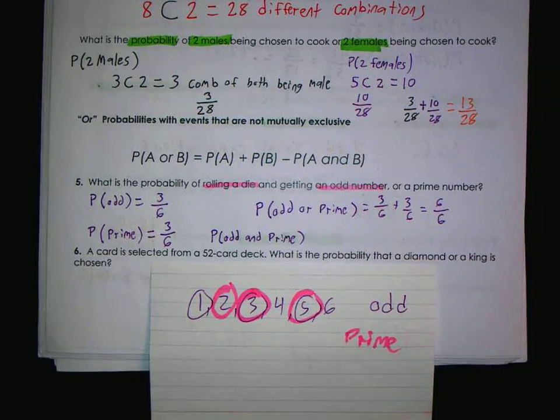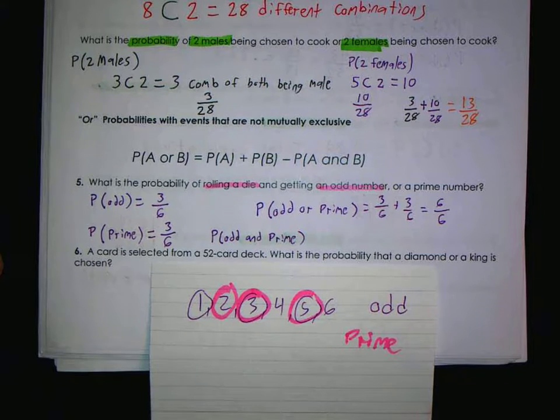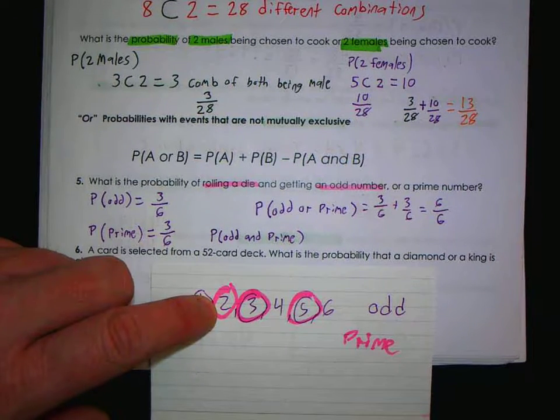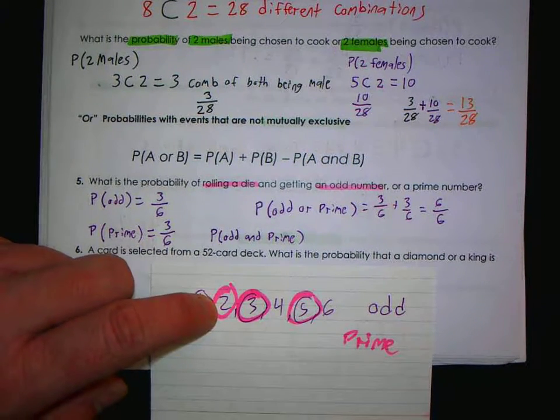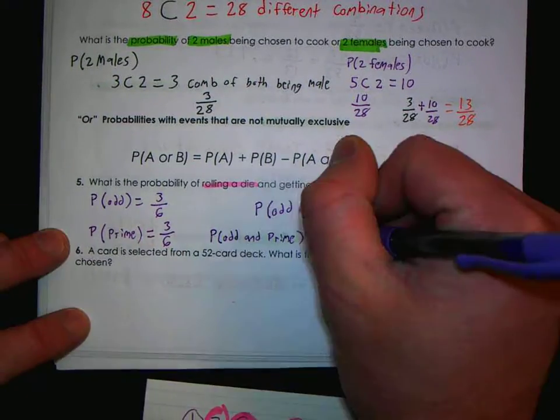So this is not a mutually exclusive event because some numbers are both odd and prime. So how many of those? Did I miss one? I think it's just 2, 3, and 5 are both odd and prime. Yeah, you're right. I couldn't see. So 2 is not odd. So it's just 3 and 5 are both odd and prime, right?